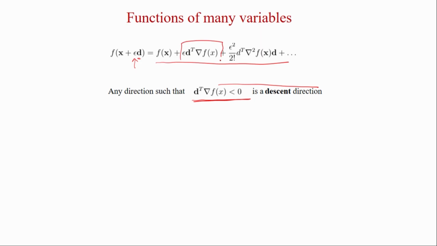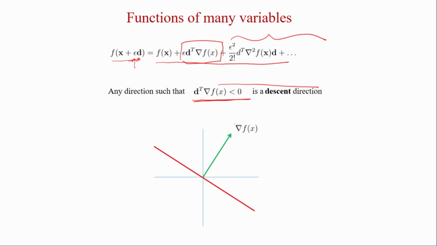This term has to be negative, because for small enough epsilon, all these other terms are really small. You can ignore them. You want f of the new point minus f of x to be less than 0, which means you want this whole thing to be less than 0, which means, because epsilon is positive, d transpose del f of x less than 0 is what you care about.